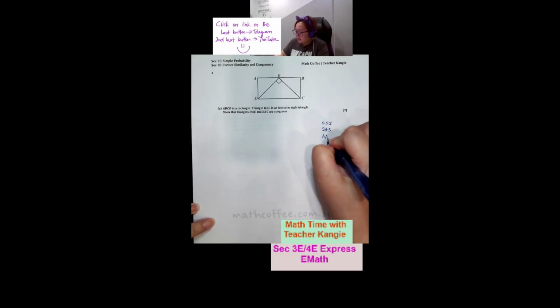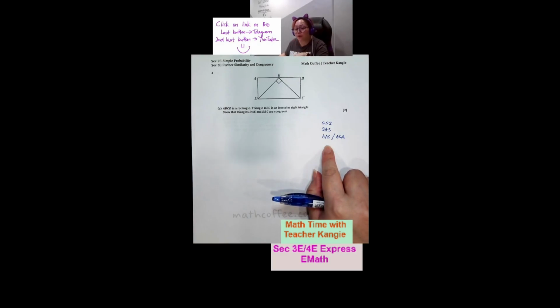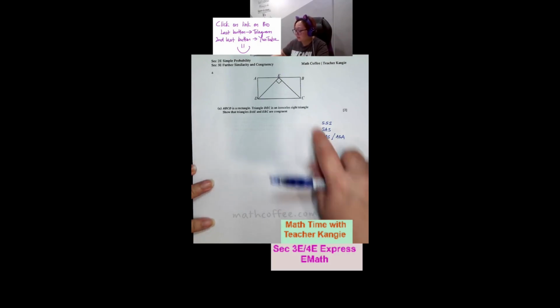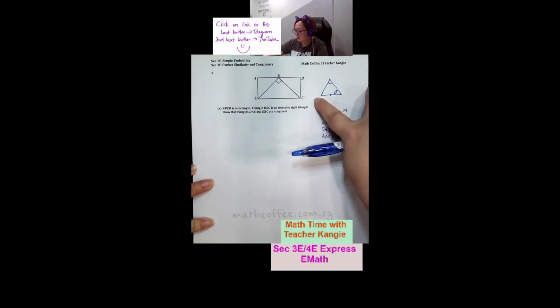Next, AAS or ASA. When you prove that 2 corresponding angles are the same and one side is the same, make sure that it is AAS. What does AAS mean? Within a triangle, this is called A, A, and then S. AAS.